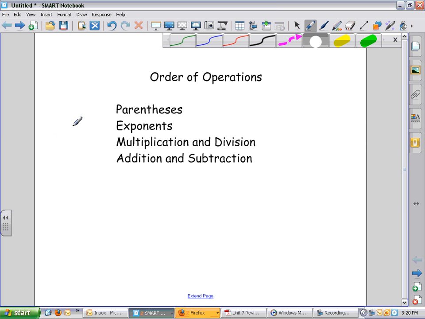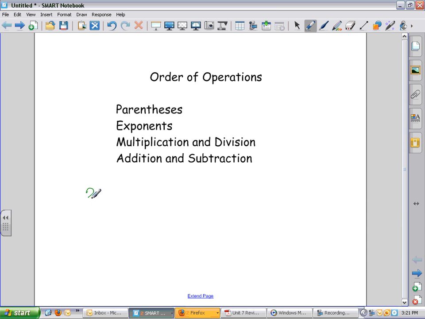So if I have, let's say, 3 times 7 to the second power plus 2, for example. In this problem, since there are no parentheses, the first thing I need to do is the exponent.